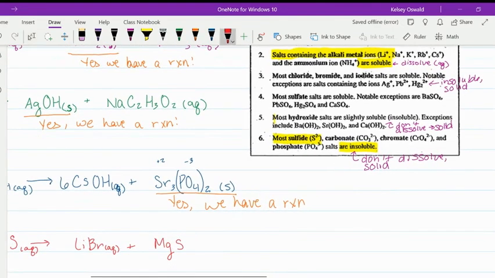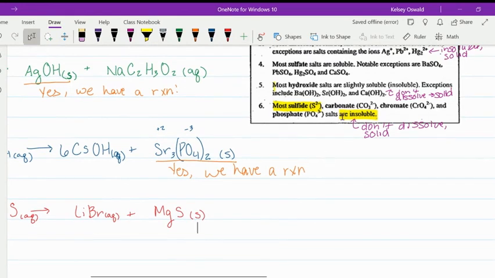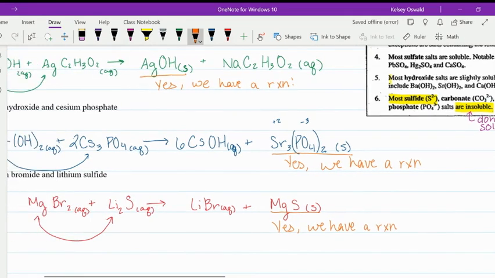So MgS, we show that this is our precipitate, the solid we form, by putting the s after that compound. Since that rule says most sulfides are insoluble, magnesium sulfide is going to be in solid form. And since we're forming that solid, we're forming something new. Yes, we are going to have a reaction. And here we just need to balance by putting a 2 in front of the LiBr.